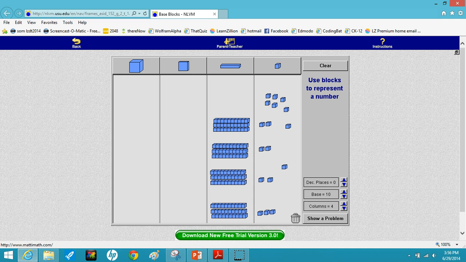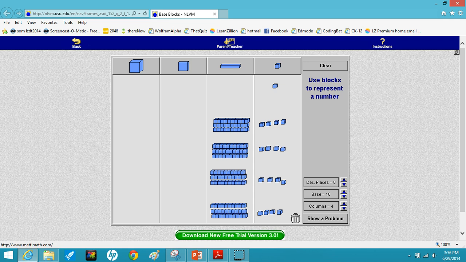Then 1, 2, 3, 4, and 1, 2, 3, 4, and we've got 1 left over. That's our remainder. So how many are in each group? We've got 4 equal groups. We have 3 10s and 4 1s in each group, so that means we have 34 in each group with 1 left over.